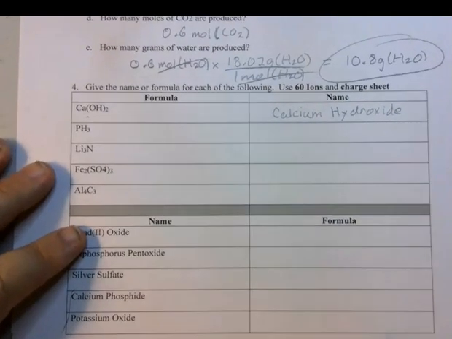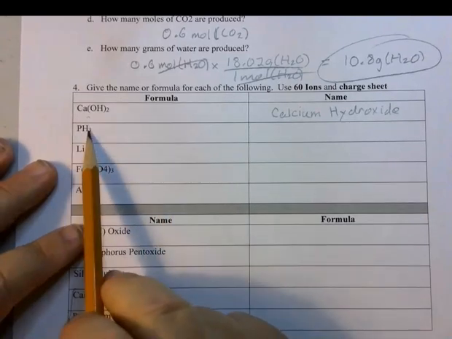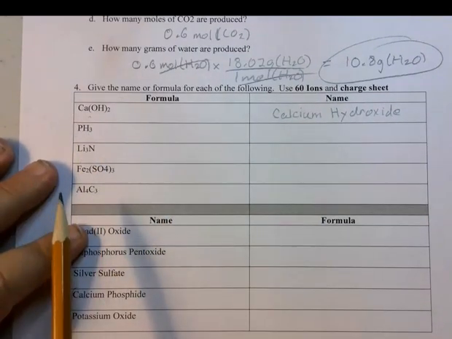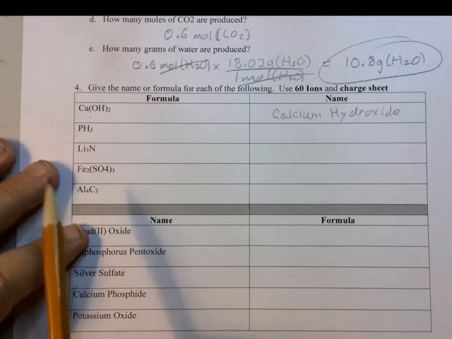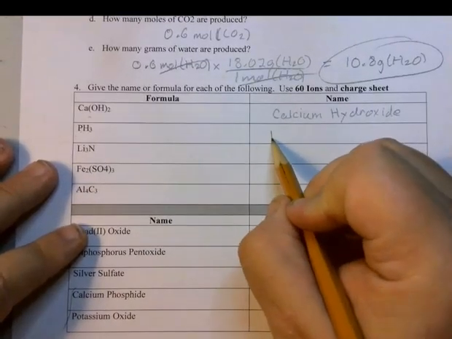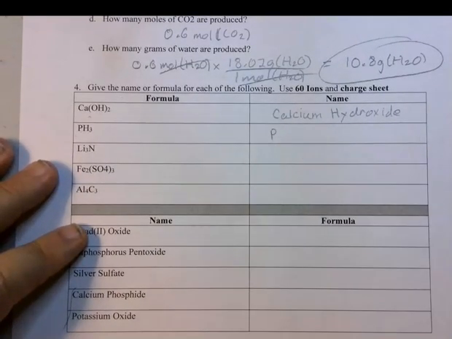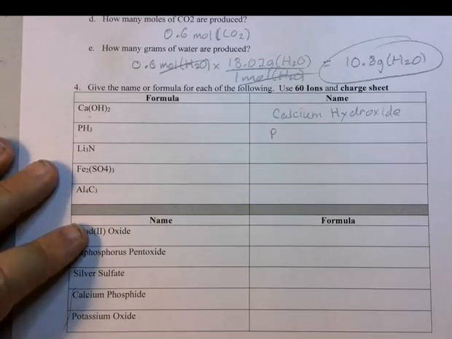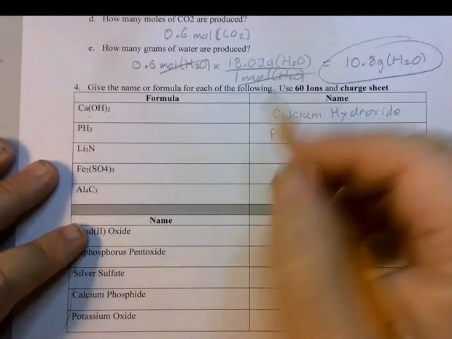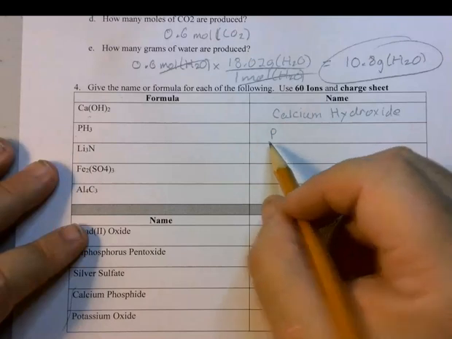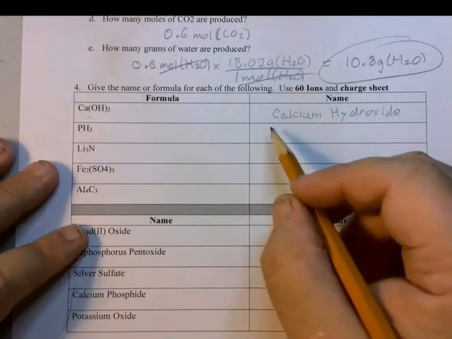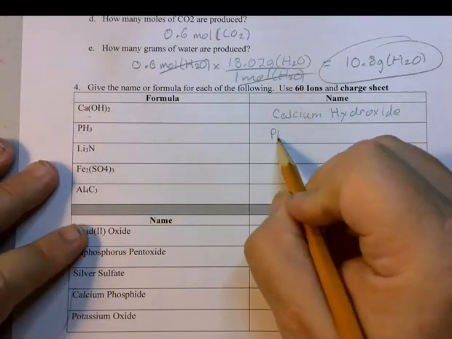All right. Okay, these are two nonmetals, which means it's a covalent bond. So this is going to be phosphorus. This is the one where you use the prefixes mono, di, tri, tetra. But you don't use mono in front of the first of the two, so it's just phosphorus.